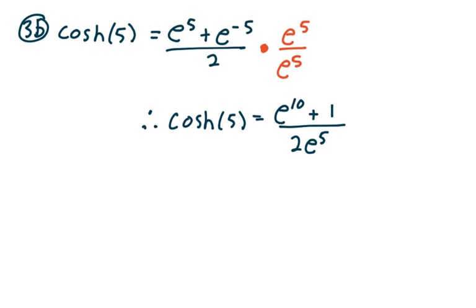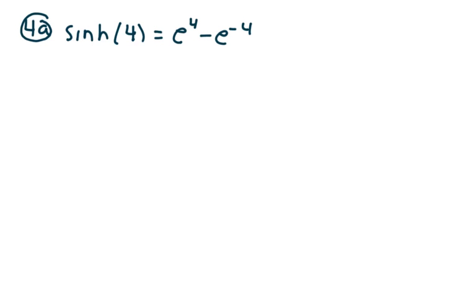If we take a look at 4a, suppose I want sinh of 4, but that's e to the 4th minus e to the negative 4 divided by 2. And I'm going to multiply numerator and denominator by e to the 4th.